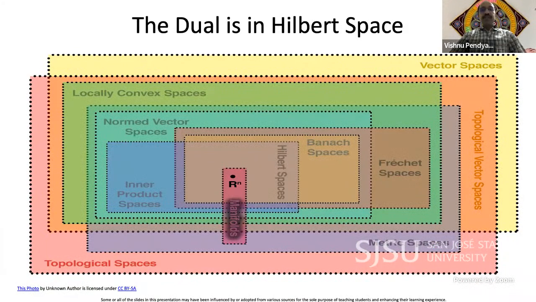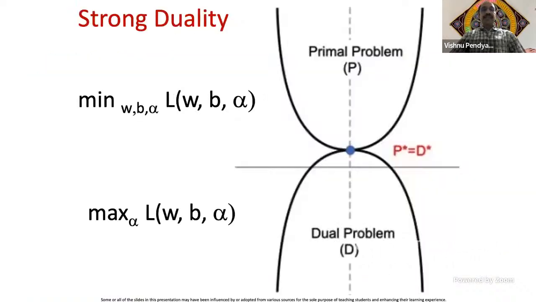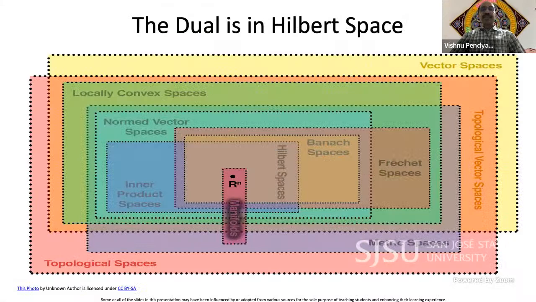Now, the interesting part is, remember we talked about primal and dual. Now the dual is in Hilbert space. What is Hilbert space? Hilbert space helps you work with infinite dimensions, right?